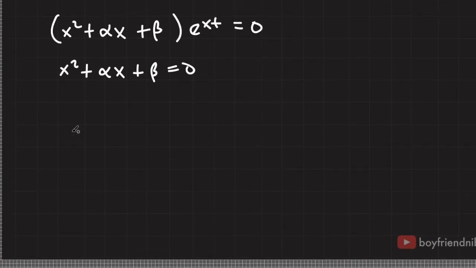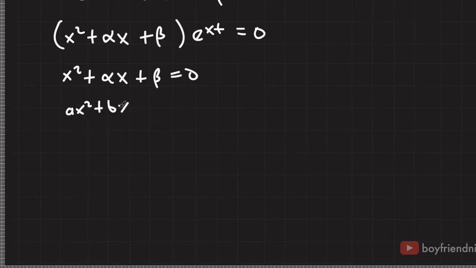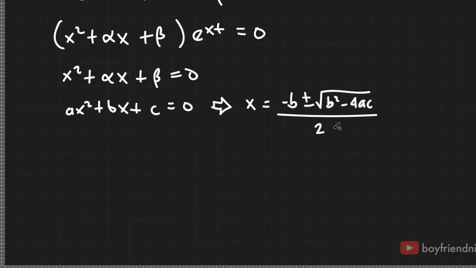Using the quadratic formula, notice that this equation is in the form of ax squared plus bx plus c equals 0, and it has a root equal to negative b plus or minus the square root of b squared minus 4ac, divided by 2a. Notice that in the quadratic formula, the square root sign can be positive or negative. So essentially, we have two roots.